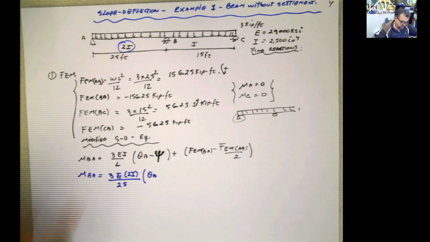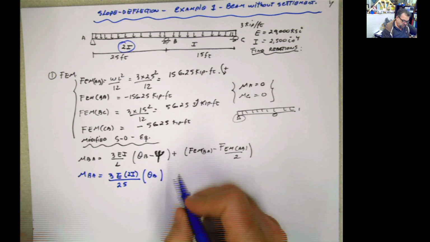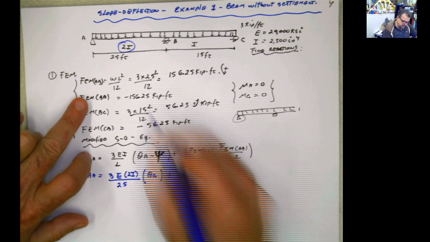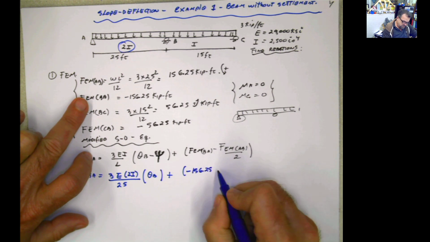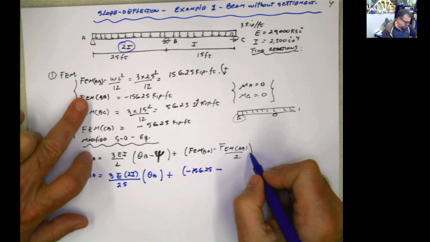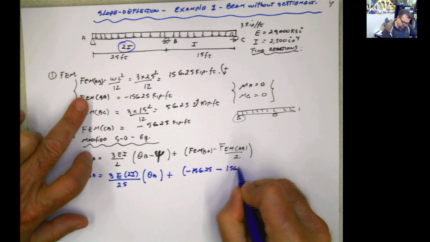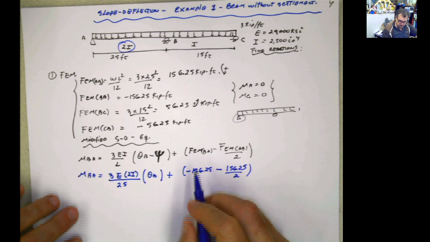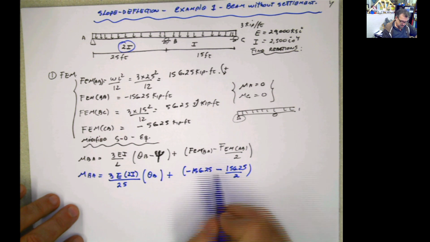So this displacement for this case doesn't exist, meaning that it will be 0 for our case, plus fixed moment BA. Fixed moment BA is negative 156.25 minus fixed moment AB. Fixed moment AB is this one, so 156.25 divided by 2.